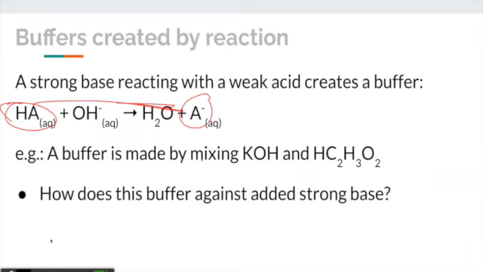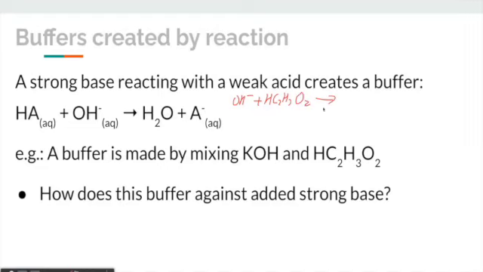How does this buffer against added strong base? So if we add strong base, how does this keep the base from making the pH rise? Here's what we did by adding the OH minus to the acetic acid. We caused this strong base, weak acid, one-way reaction, and we made water because the weak acid is going to donate its proton, and we have C2H3O2 minus, which is the conjugate base of acetic acid.